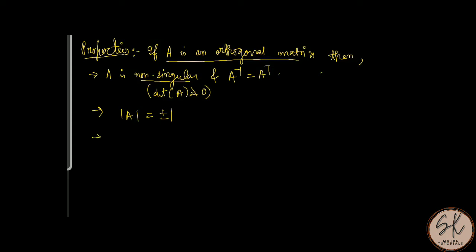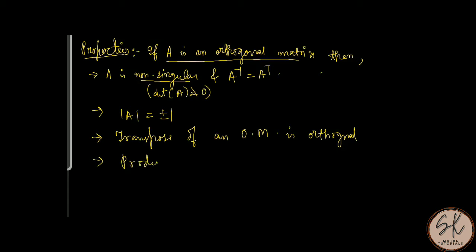Next, the transpose of an orthogonal matrix is an orthogonal matrix. Next, the product of two orthogonal matrices is also orthogonal.